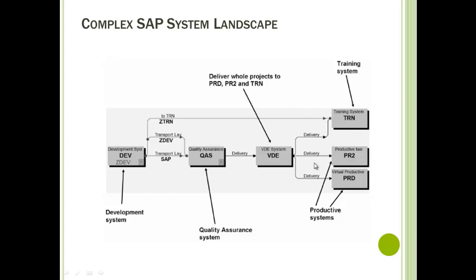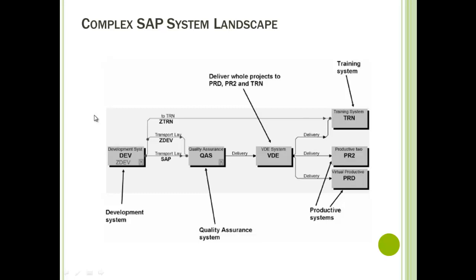Here you can see your productive systems are 2, however the development system is only 1. So it is always important that you keep the source system only 1, so that the repository objects are consistent across the landscape. Otherwise the repository objects will change, which will make a big imbalance in your entire landscape.